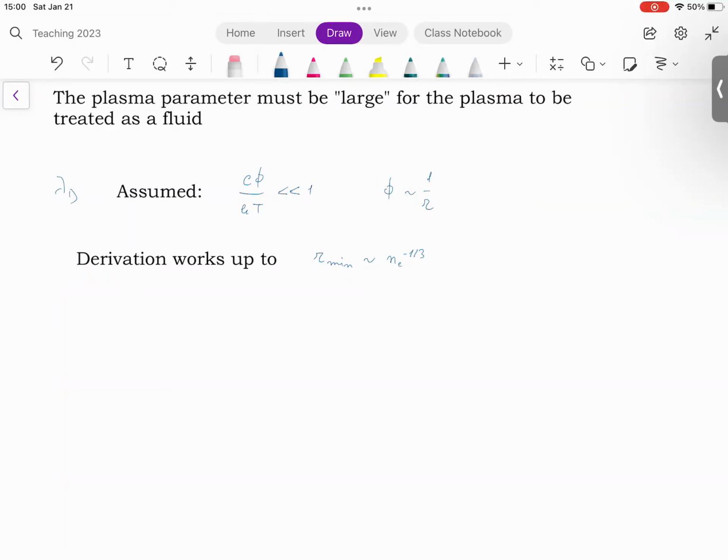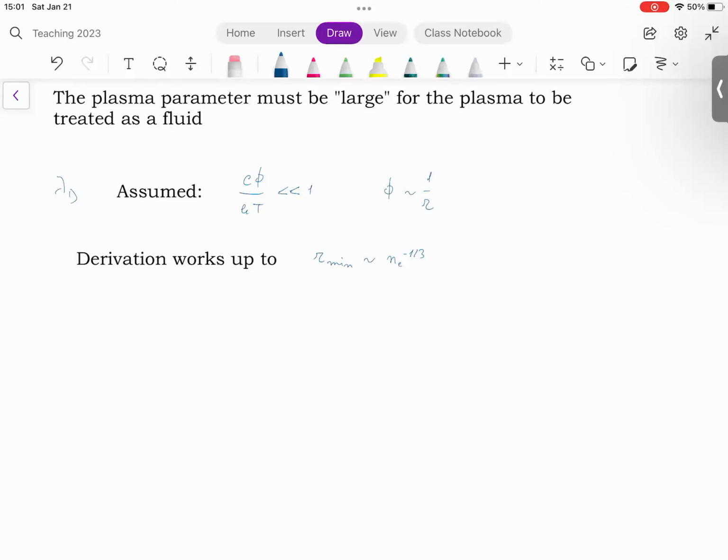But even before that solution starts diverging, we saw that it starts deviating from the approximate solution that we use to define the Debye shielding. And here is how the whole thing went.